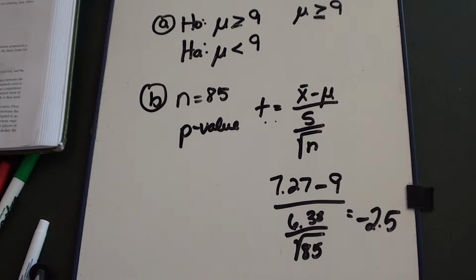Now, in order to turn our t-value into a p-value, again, I'm going to use the computer because I think that is a little bit easier to do. So, in your book, it shows you how to do this.